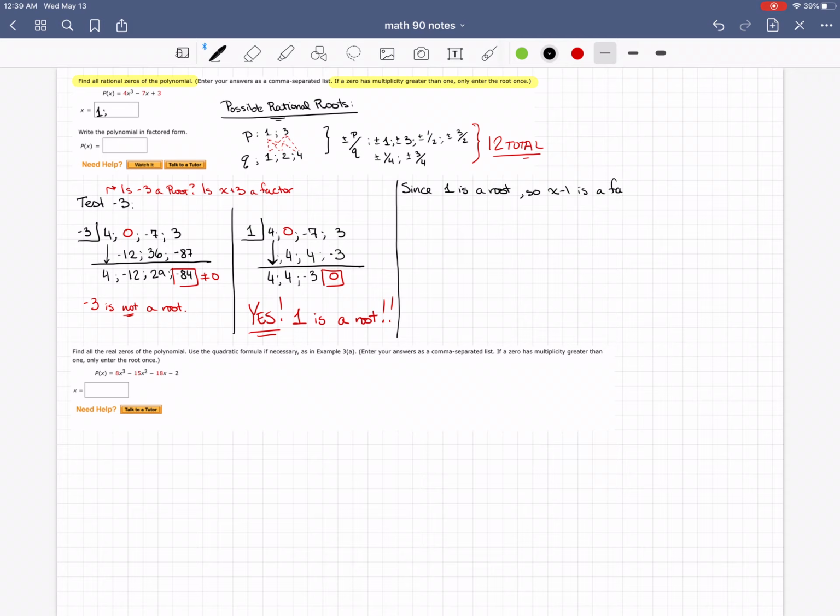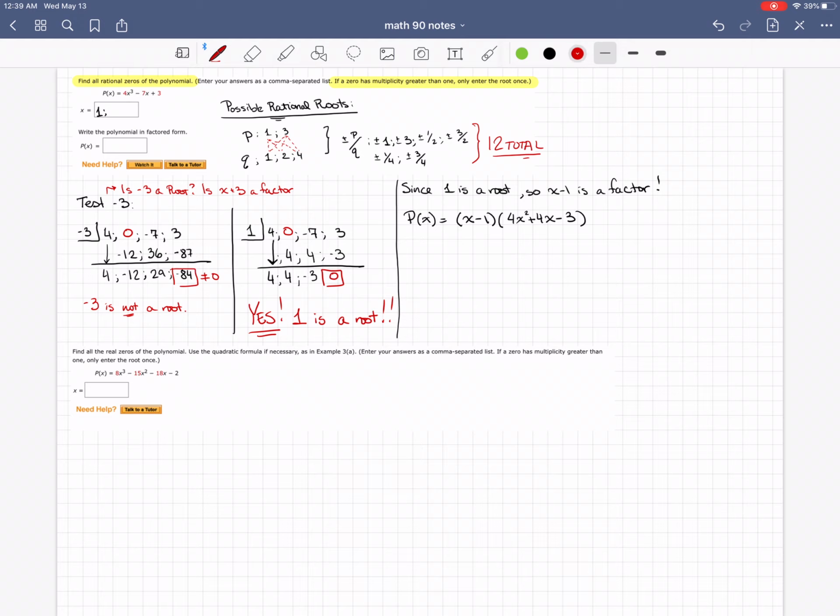Aha. And we can write our polynomial as x minus 1 times our quotient that we got from dividing x minus 1 out, which was 4x squared plus 4x minus 3.